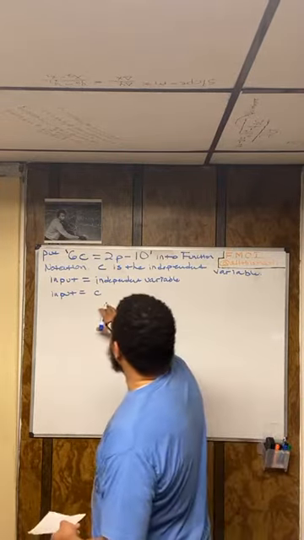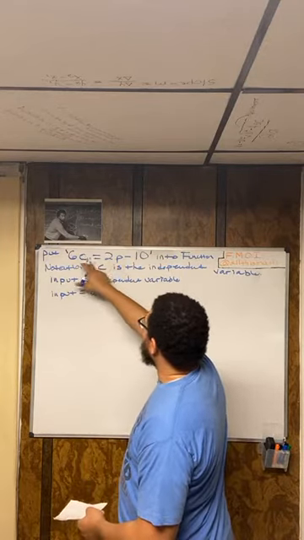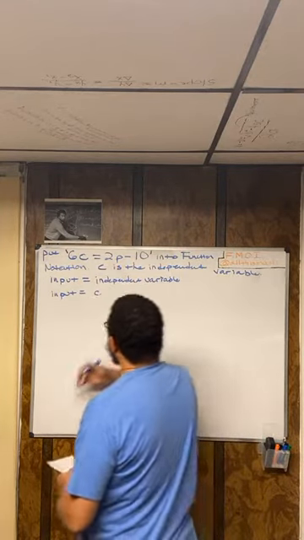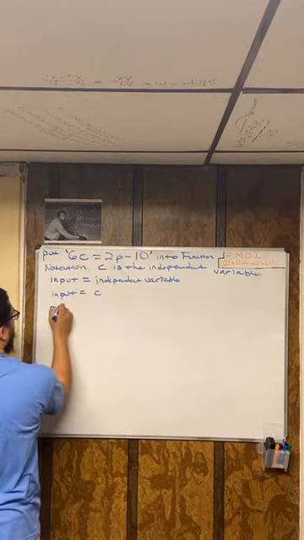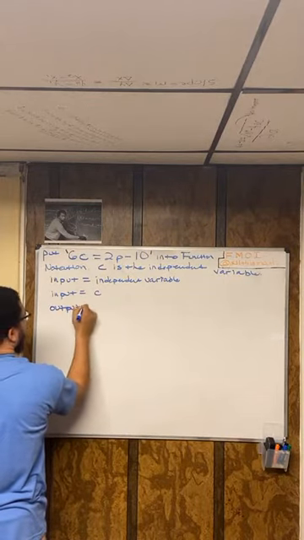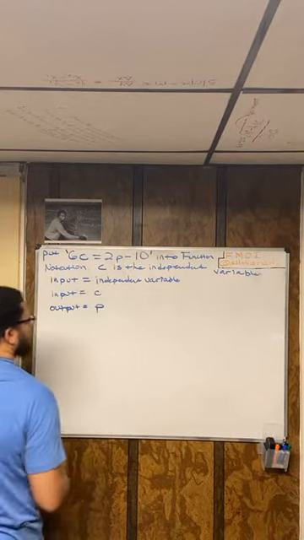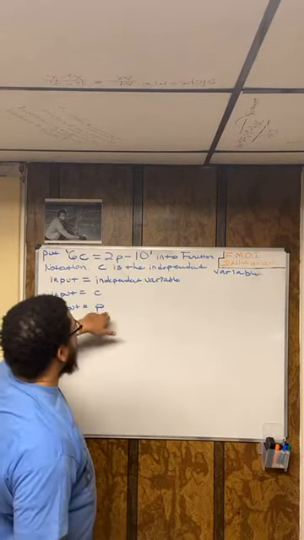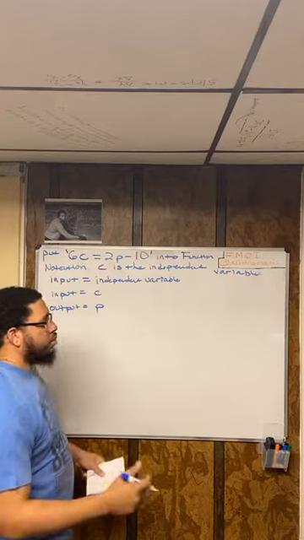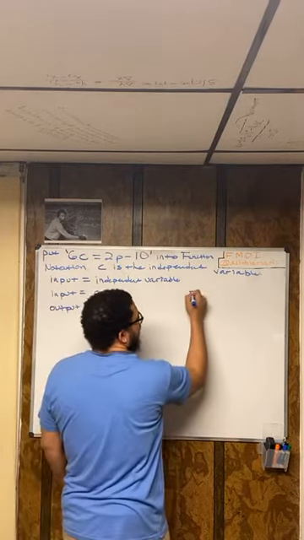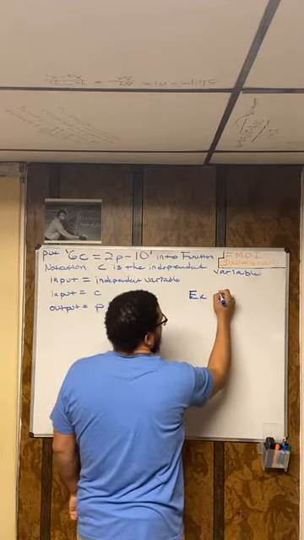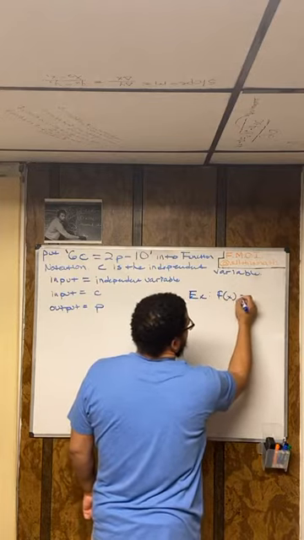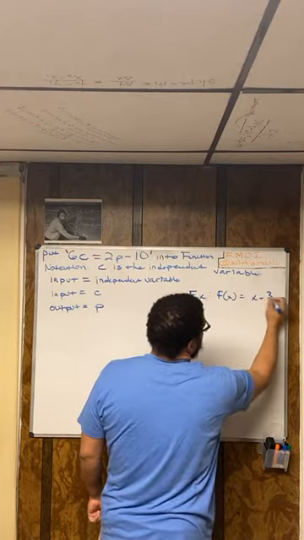So if your input is c, we only have two variables in this equation. The output must be the other variable. Output is p, right? Now, we want to solve for the output. Because remember, function notation, you might see an example that looks like this: f of x equals x plus 3.